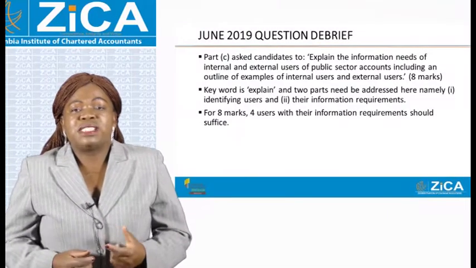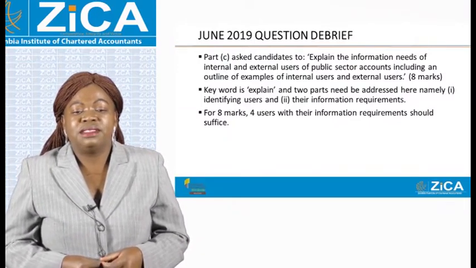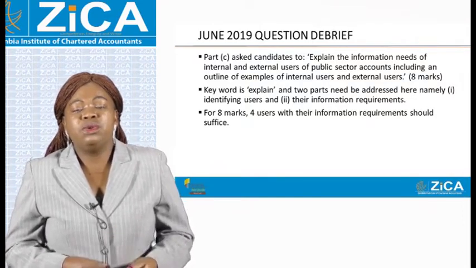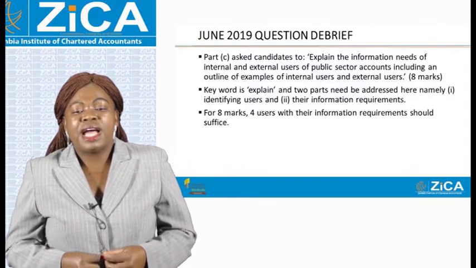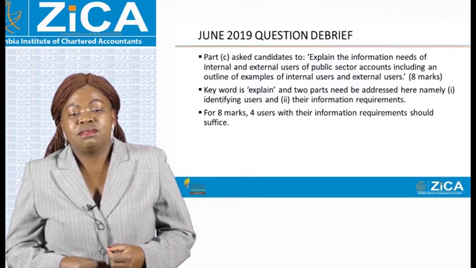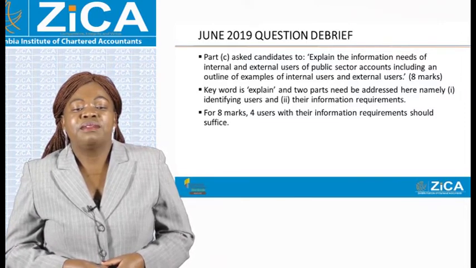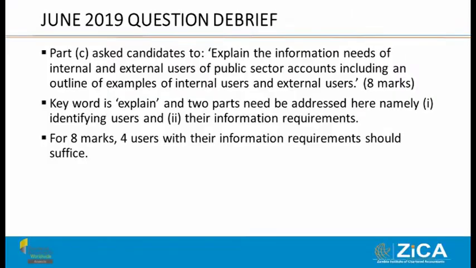Part C of question 1 asked candidates to explain the information needs of internal and external users of public sector accounting information, outlining their information needs. Okay? So what is it that you needed to pay attention to in this particular question?